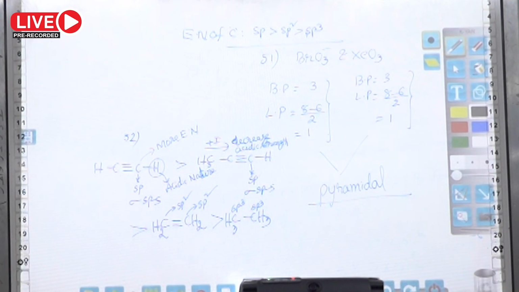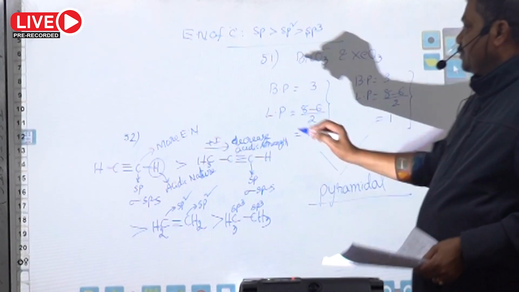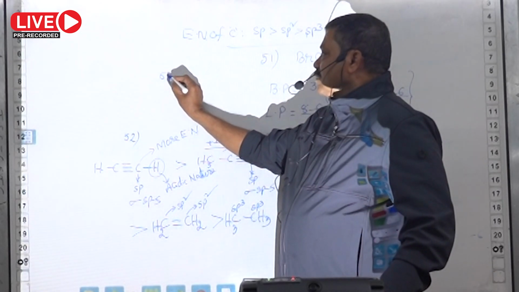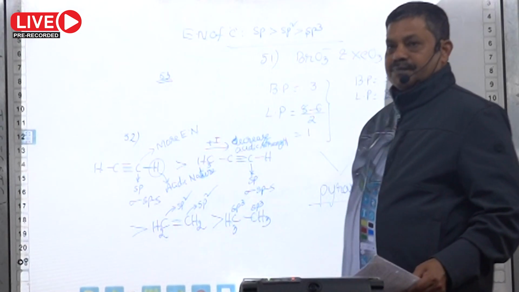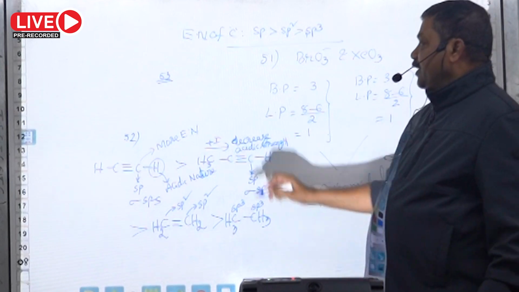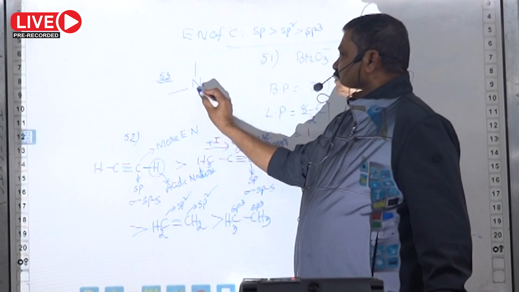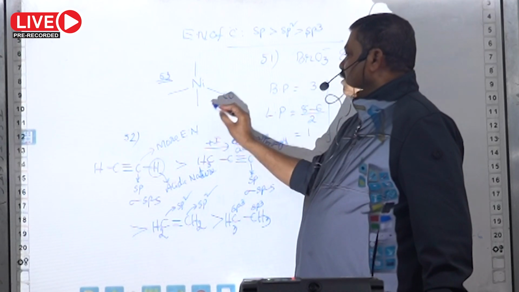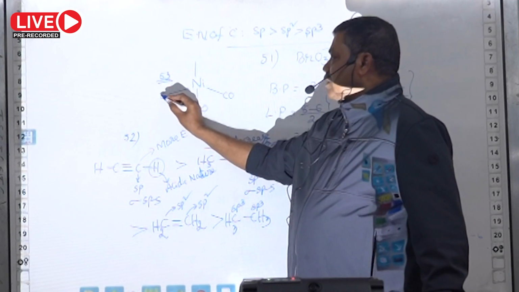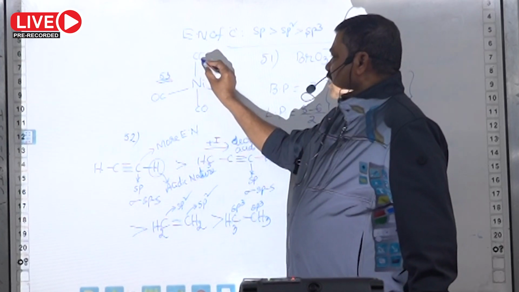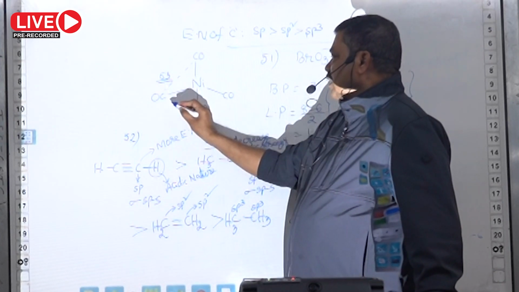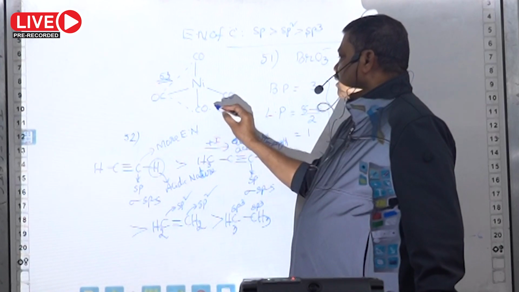Now 53rd. So the geometry of nickel carbonyl. Repeatedly I am advising you all these structures of the different molecules.